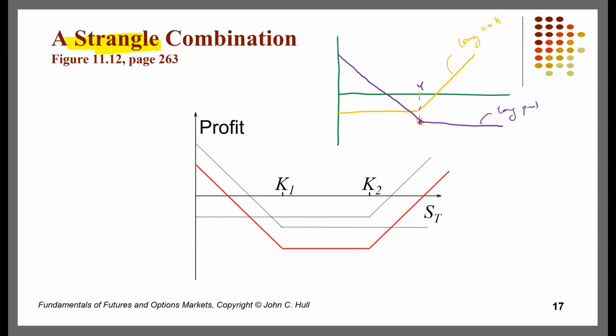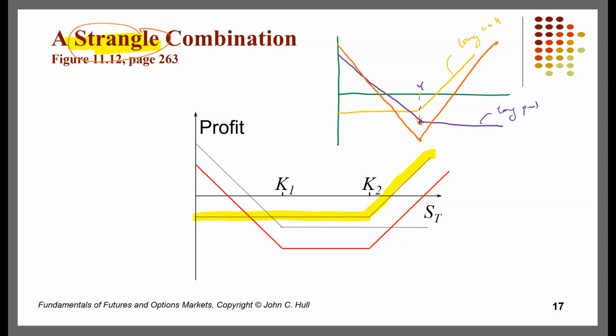And this strategy is a straddle, and the profit for this strategy looks something like this. So it was a peak here and up. That was our straddle.